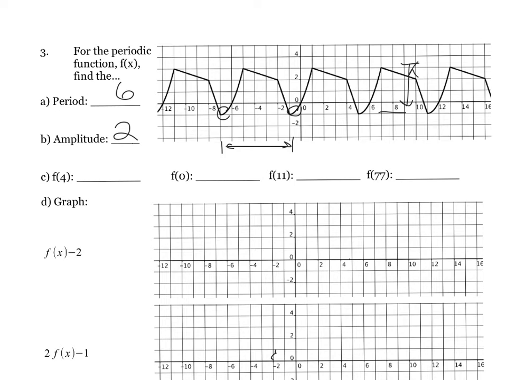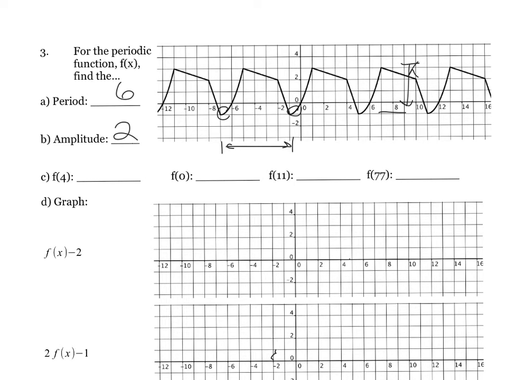Now, part C. F of 4 means only that we're using this graph. 4 is the horizontal position. That's the x going into the function. F of 4 means what is the vertical position of the function when x is equal to 4.